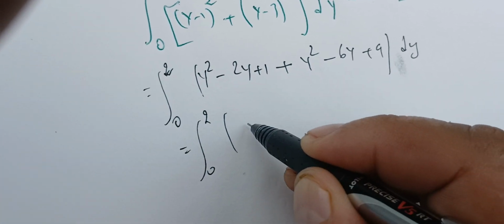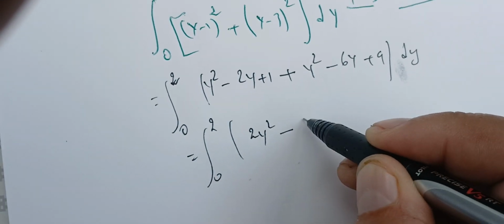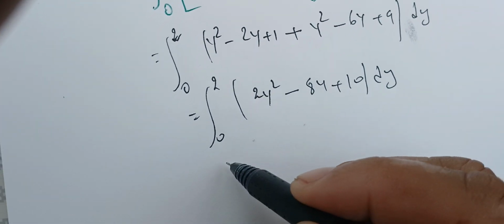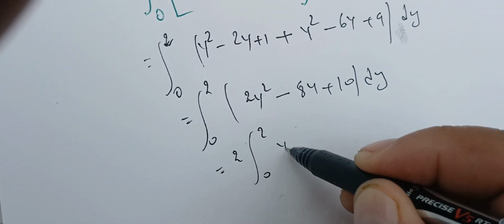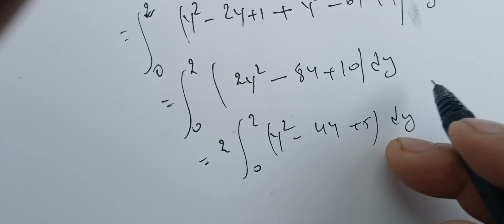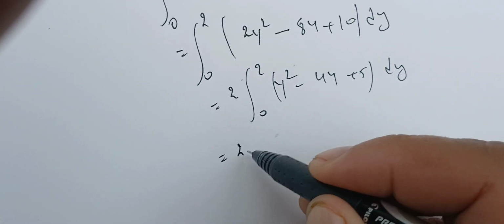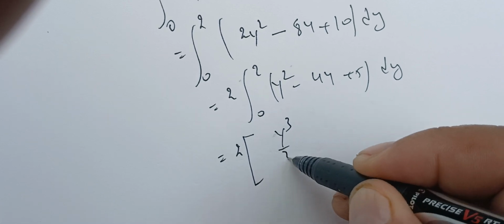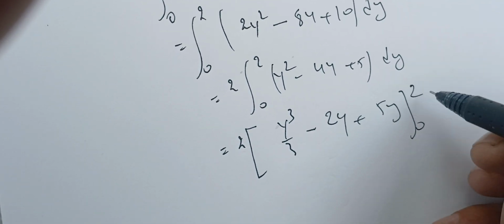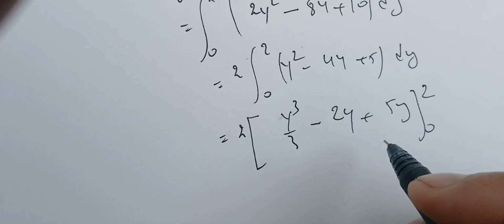This gives us 2y squared minus 8y plus 10 dy. If we factor out the 2, we get 2 times (y squared minus 4y plus 5) dy, and using the power rule, you have y cubed over 3 minus 2y squared plus 5y between 0 and 2.